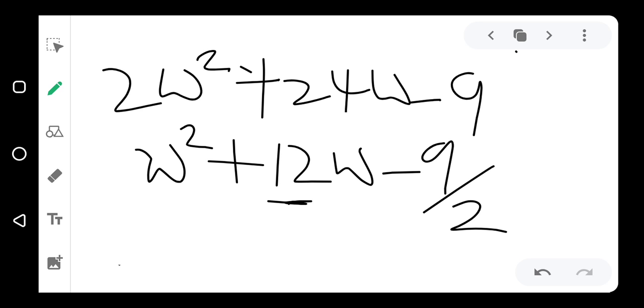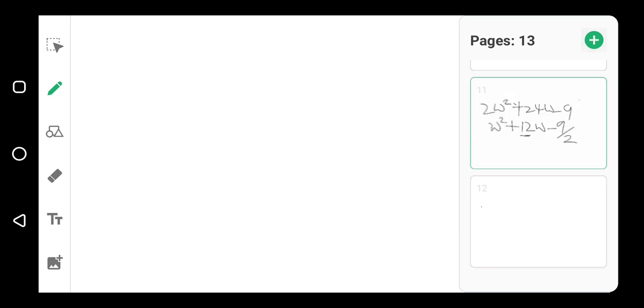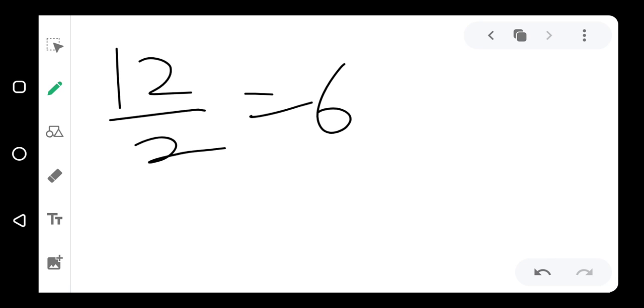So we now have 12 over 2, which gives us 6, and now we say 6 squared.